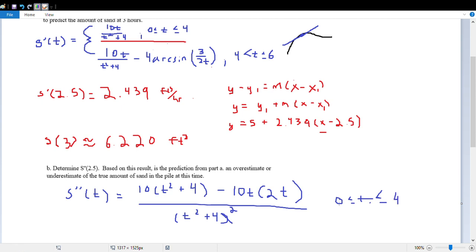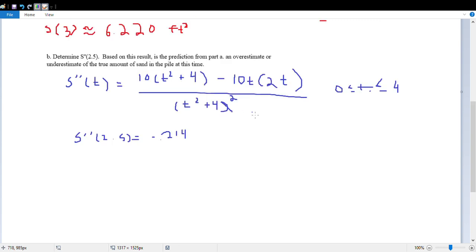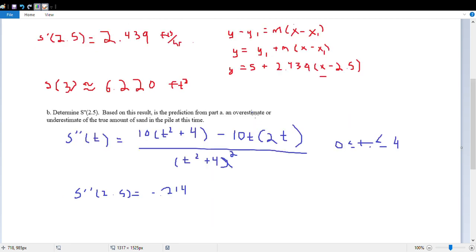Okay, so let's go ahead and evaluate S double prime at 2.5. And we get negative 0.214. So that's the rate of change of the rate of change of the sand pile. It tells me that the function S is concave down at this moment.